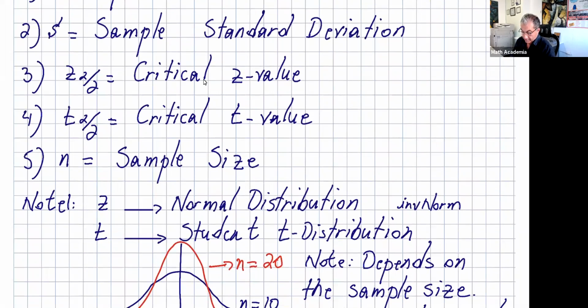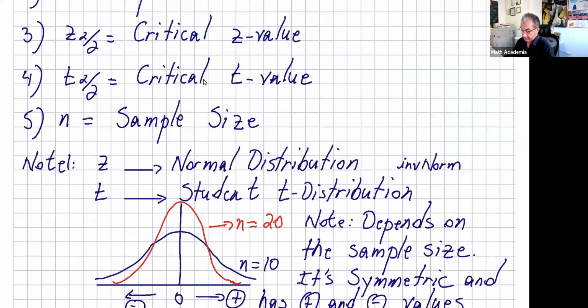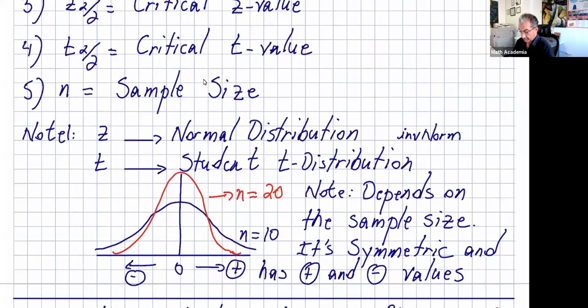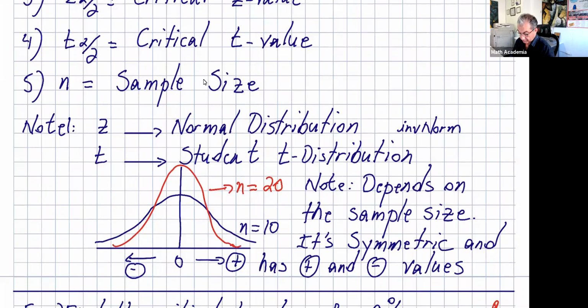So now z is the normal distribution, or the standard normal distribution. We have seen this a lot in the last chapters, so we use inverse norm with our calculators to find that. t is the student t distribution, which is completely different. However, let me explain it to you. The t distribution graph is symmetric, exactly like the normal distribution. However, it depends on n.